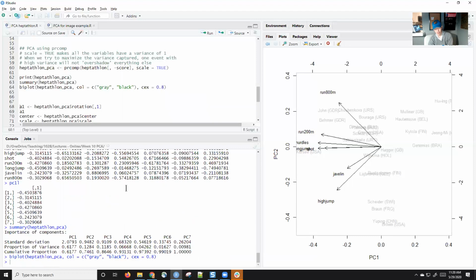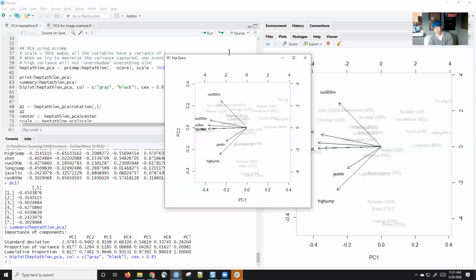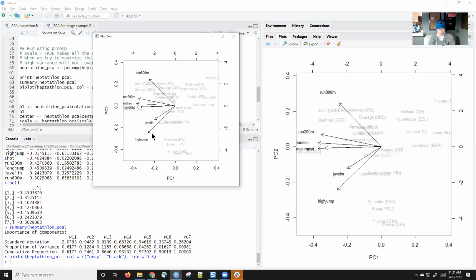So we can take a look at the second principal component, and what we see in this plot, okay, is that in the first principal component, all the arrows are pointing in the same direction, but in the second principal component, we see high jump pointing in one direction, going down, and run 800 pointing in the other direction.